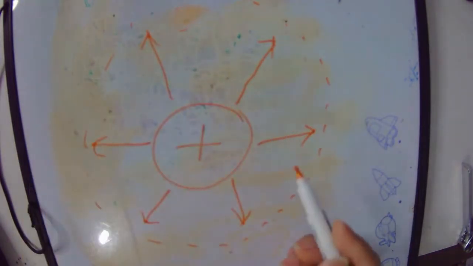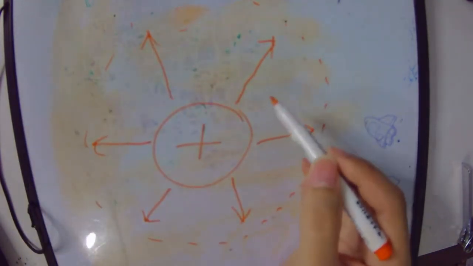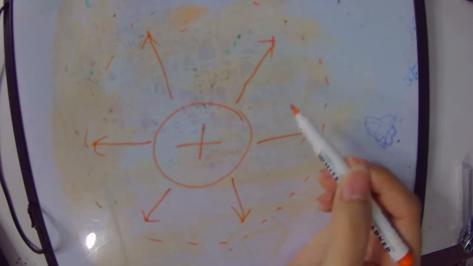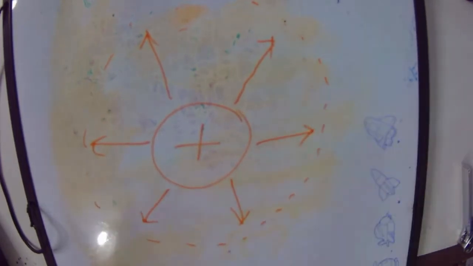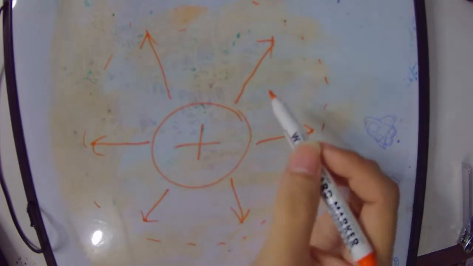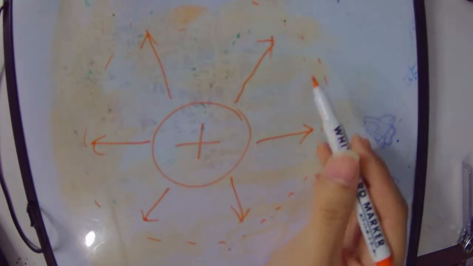So we call these lines, these are just imaginary lines by the way, lines that we use to help us imagine it, electric field lines. The electric field lines around a positive charge will always point outwards.